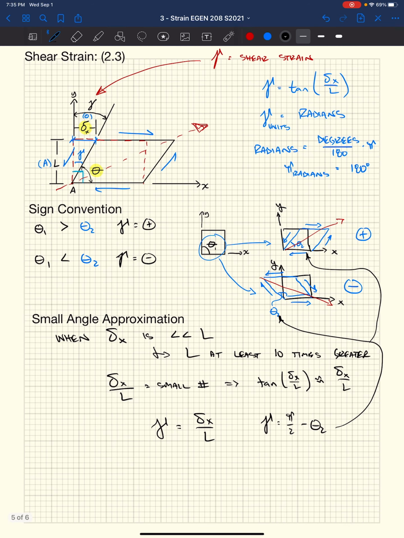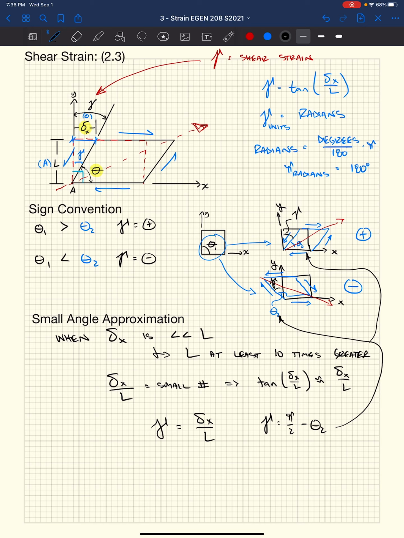If we look up here, this is gamma. So really gamma is 90 minus theta 2.